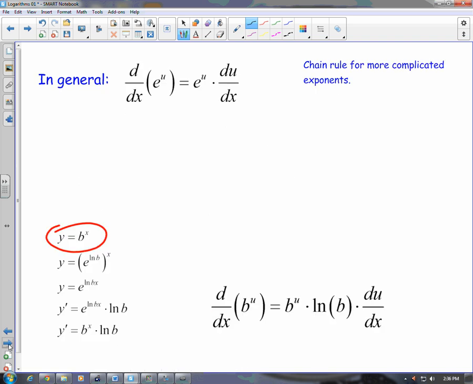In general, the derivative of e to any power is equal to e to that power, and of course multiplied by the derivative of that power, where that exponent is a function of its own. So that's the first thing. What we've done is walk through why the derivative of e to the x is just e to the x: because e is that special number.